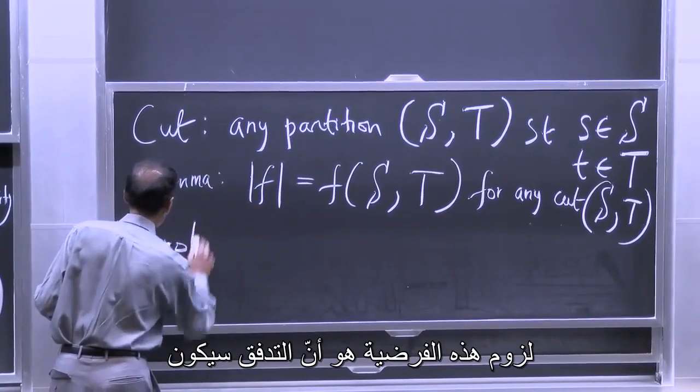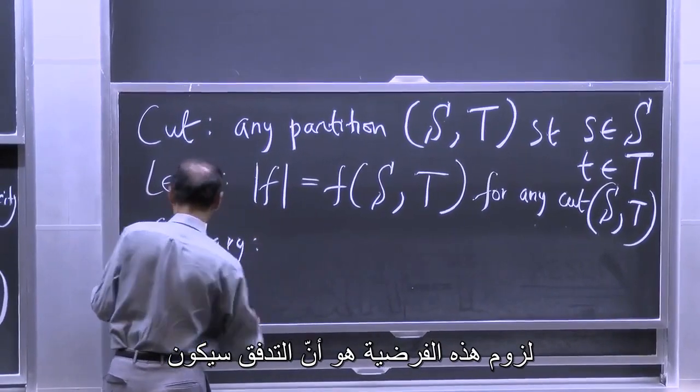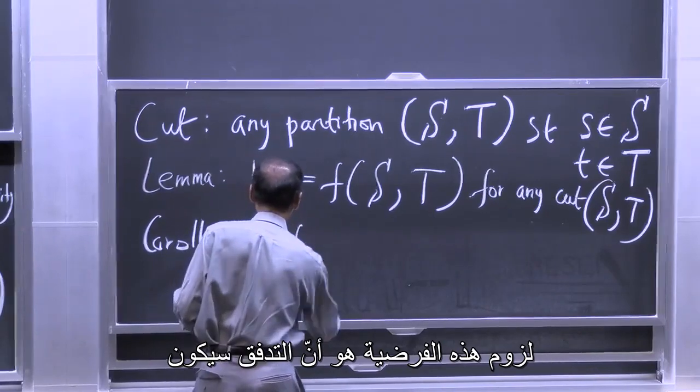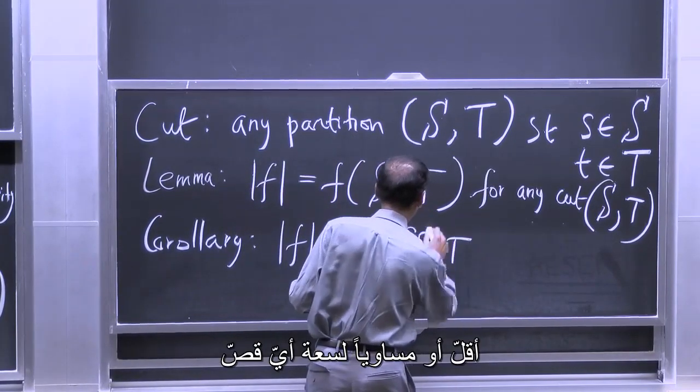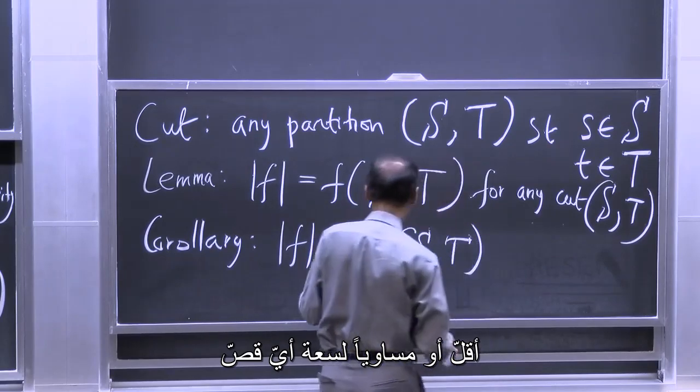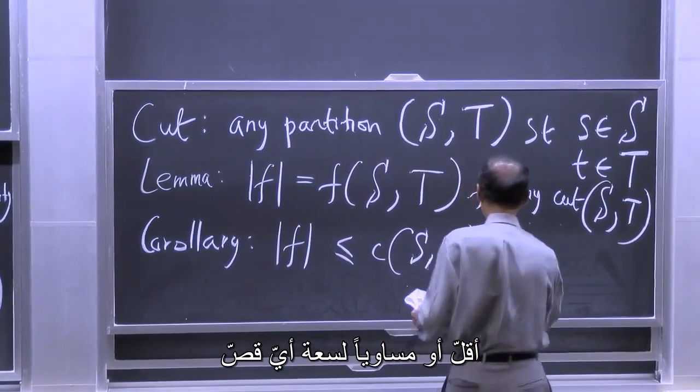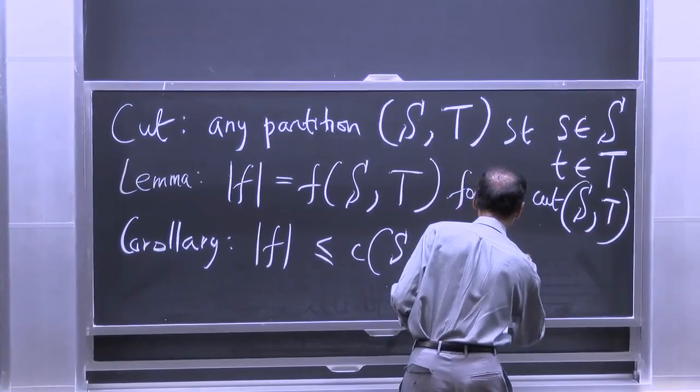The corollary to this lemma is that the flow is going to be less than or equal to the capacity of any cut.